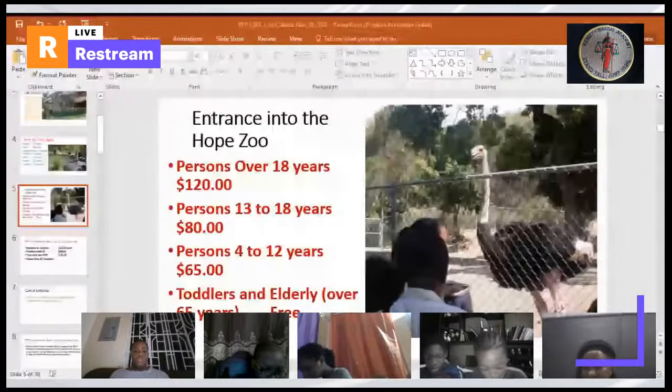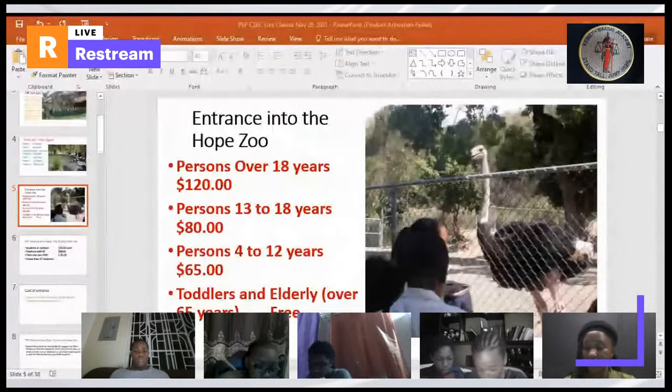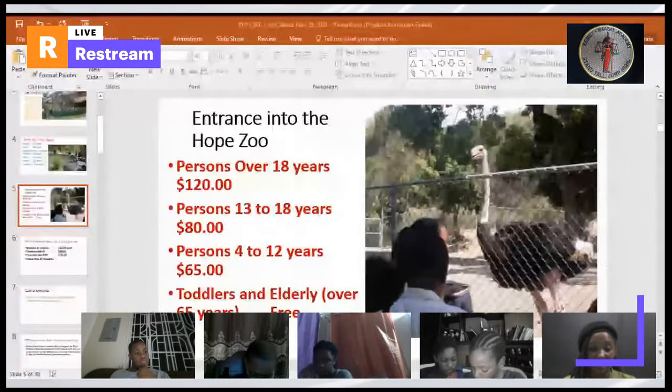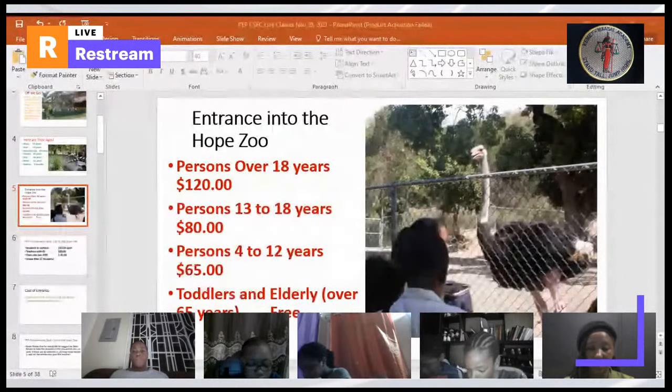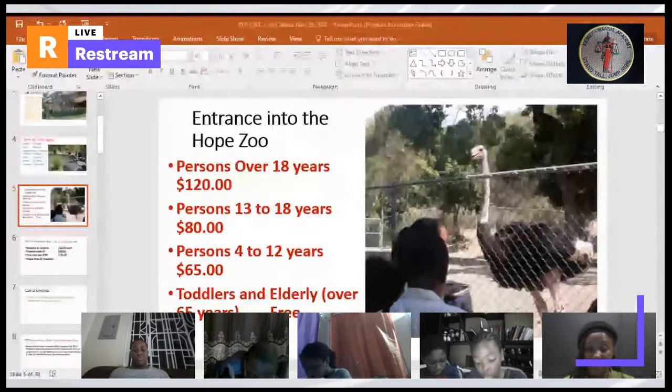Madison is saying she's getting $585. Let me see if I hear or see any other. I get $520, Miss. So Jerry is saying $520. Anybody have another amount?